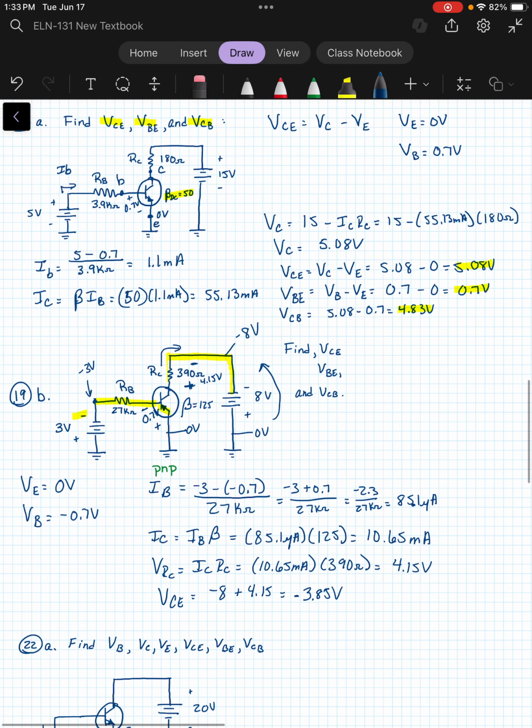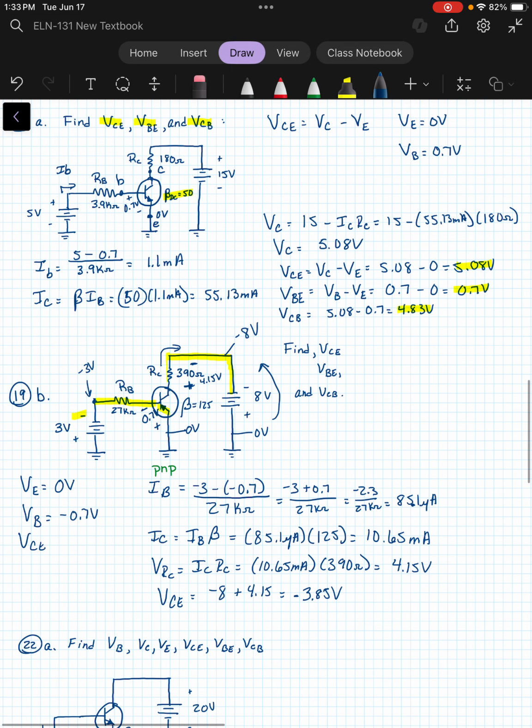So VE, VB, VCE I found was negative 3.85. VBE was 0.7. And then VCB, at VC, we have negative 3.85.